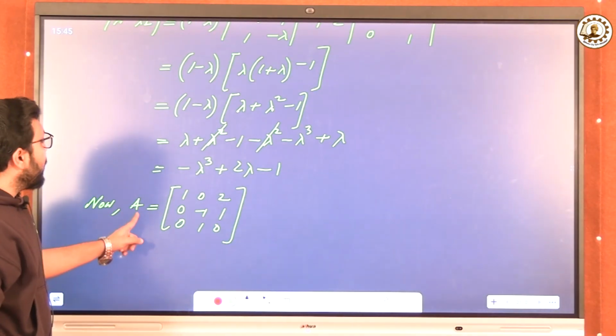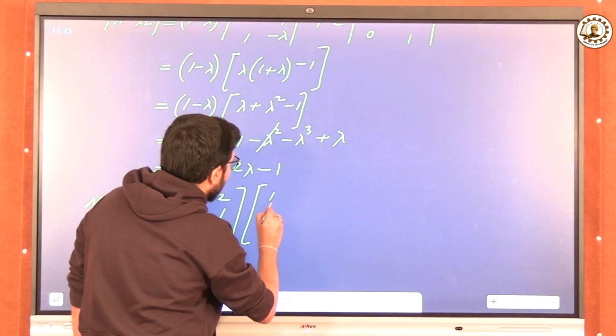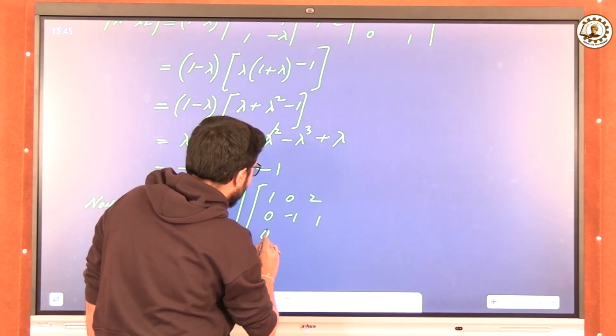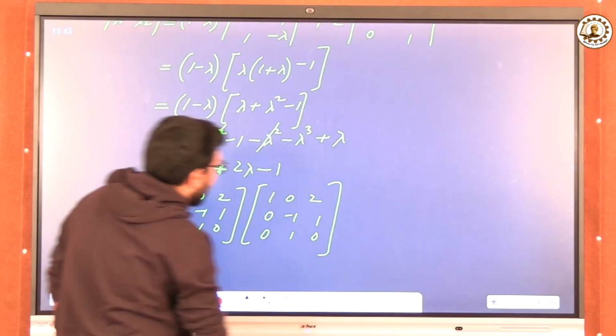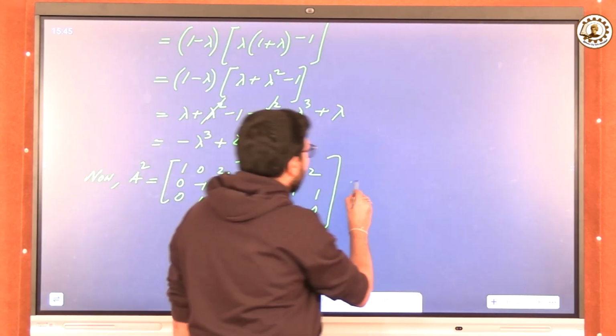First we are going to determine A square. So 1, 0, 2, 0, minus 1, 1, 0, 1, 0. Simple matrix multiplication, you will get the value of A square.